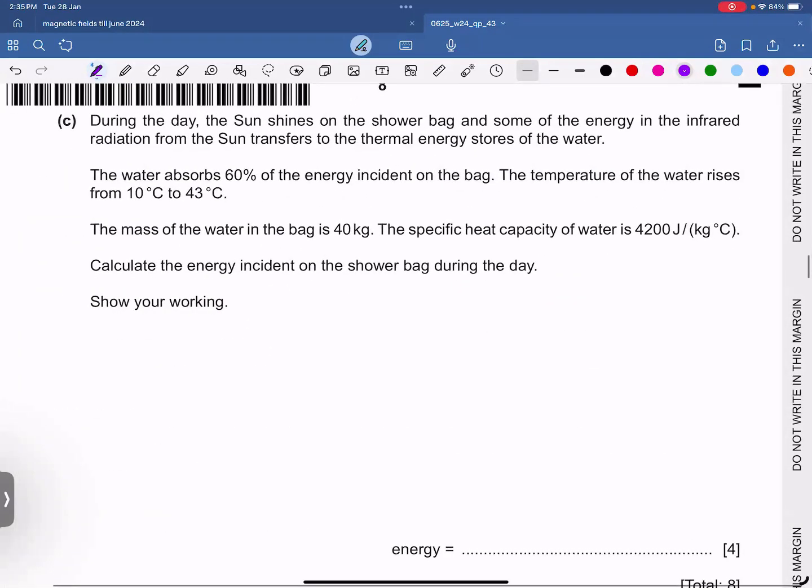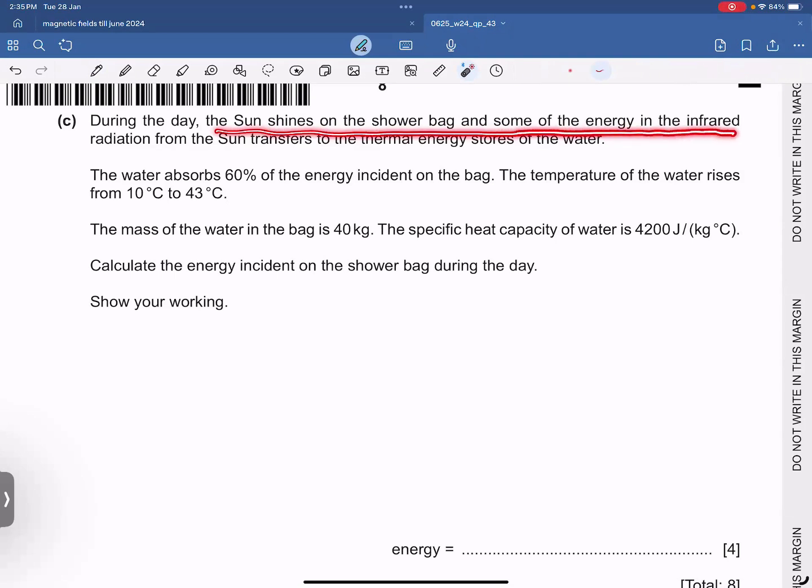Part C. During the day, the sun shines on the shower bag, and some of the thermal energy from the sun is transferred to the thermal energy stores of water. Water absorbs 60% of the energy, and the temperature rises. Specific heat capacity question. So temperature rise, first of all, take it out.